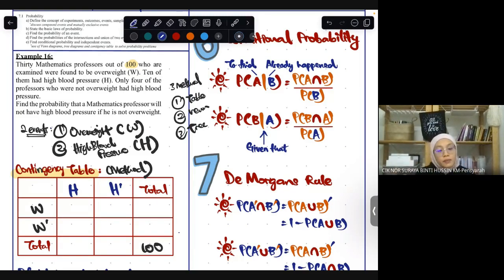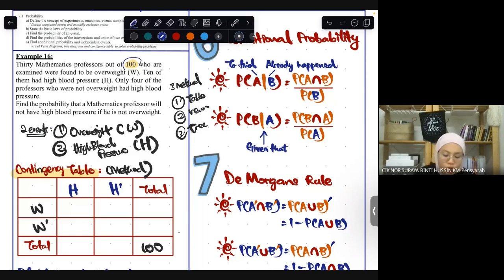So dalam table contingency ini perlulah one have a prime, one does not have a prime, and one does have a prime. So these are the table that looks like whenever you're trying to deliver your message lah. So I would prefer table. It's easier to portray the information.